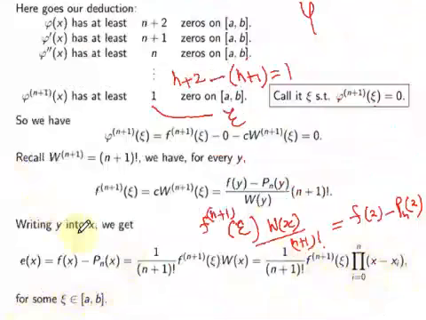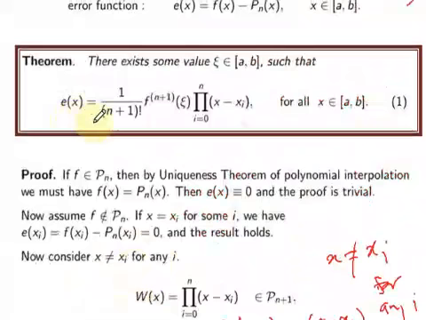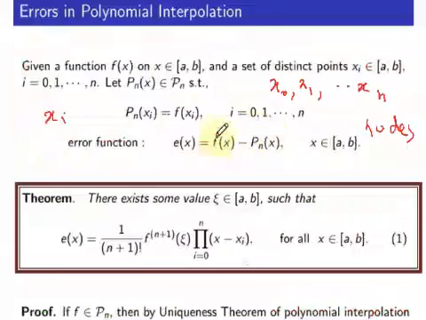So through this theorem we have done this. I hope you understand how to prove this theorem. This is the error between f and the interpolating polynomial. All right, I hope you understand this. Let's meet in my next video.